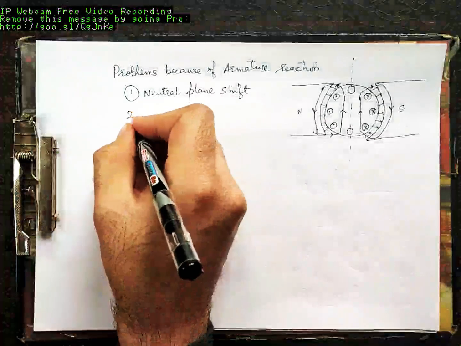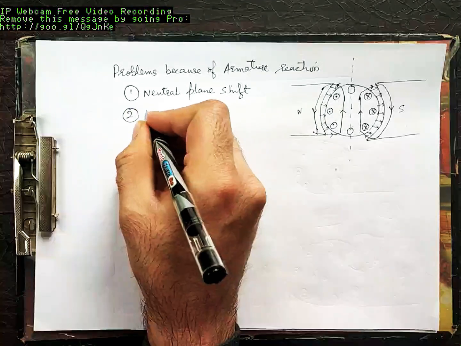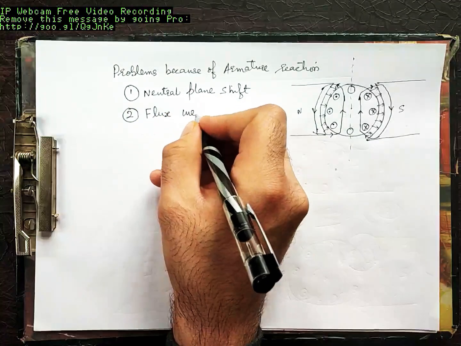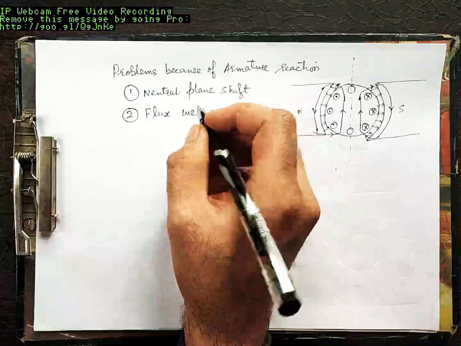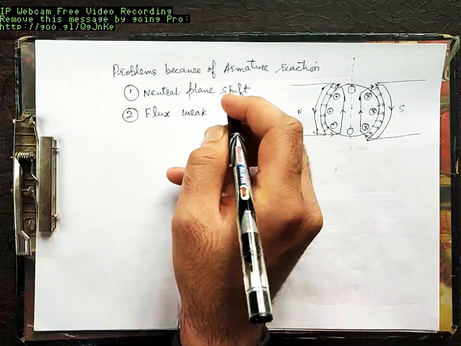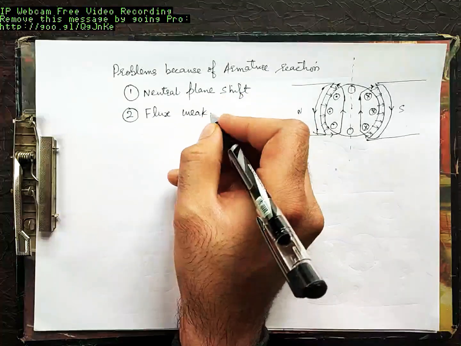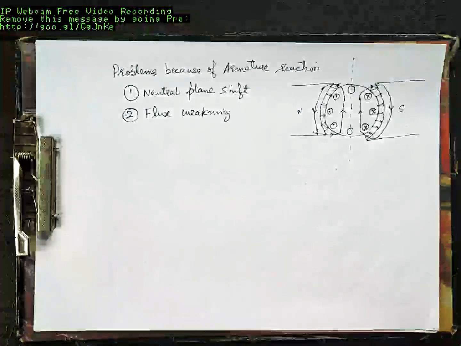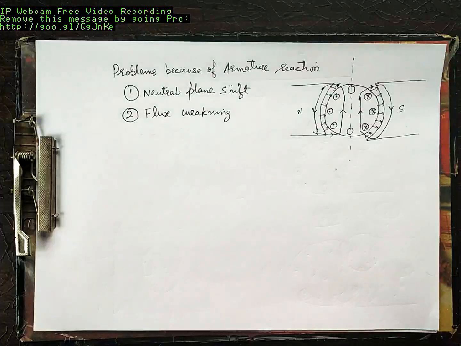Number two is flux weakening. Let me take the first one, neutral plane shift.